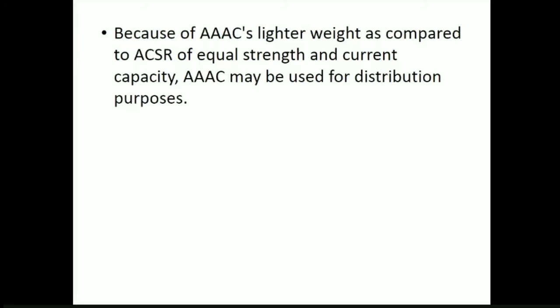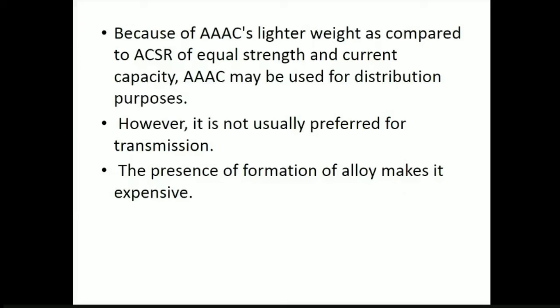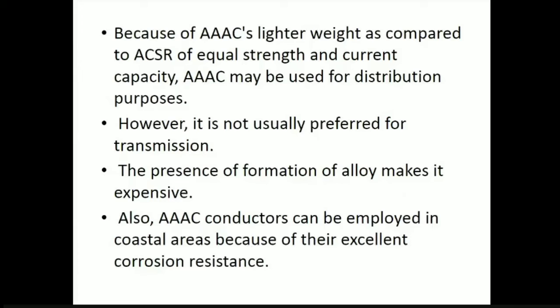Because AAACs are lighter in weight compared to ACSR of equal strength and current capacity, AAAC may be used for distribution purposes. However, it is not usually preferred for transmission. The formation of the alloy makes it quite expensive. Also, these conductors can be employed in coastal areas because of their excellent corrosion resistance.